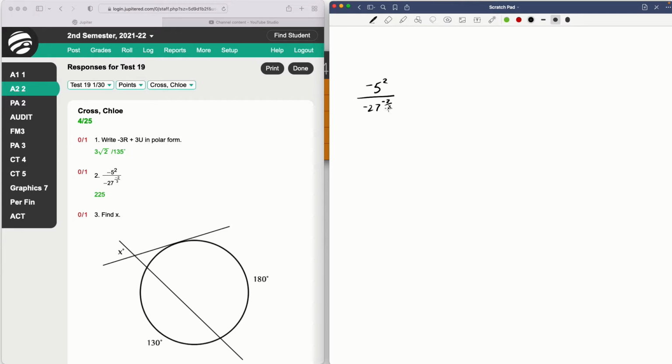So the index isn't bothered when we move it up or down, just the exponent, right? Okay, so when we do that, we go ahead and multiply. That'd be negative, we have 5 squared, so it'd be negative 25, and then we would have negative 27. That doesn't change, but now we have 2 over 3 as our exponent.